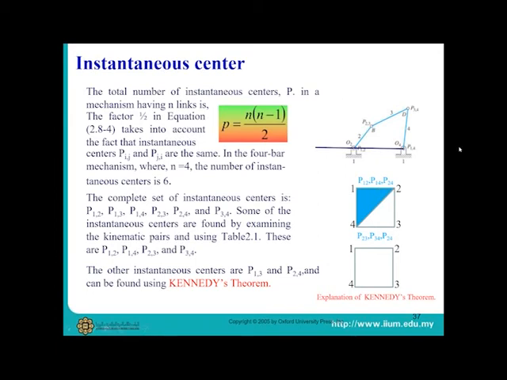You repeat the process for the second triangle, where you draw a line connecting P23, P34 and P24. The intersection between the lines is point P24. Now you have 5 instantaneous center points. You need to find one more point, which is P13, using the second square with the same process.